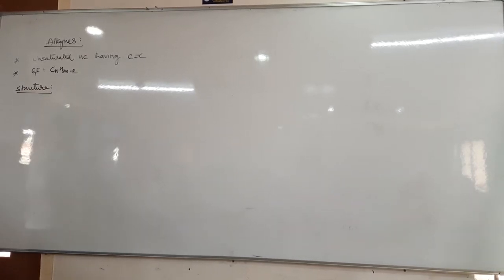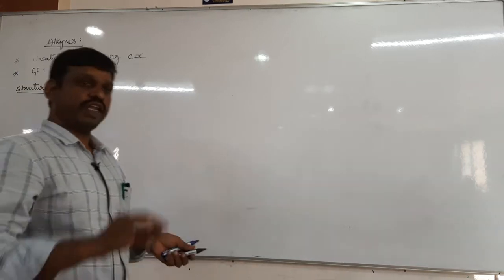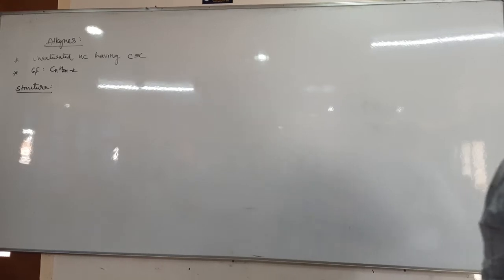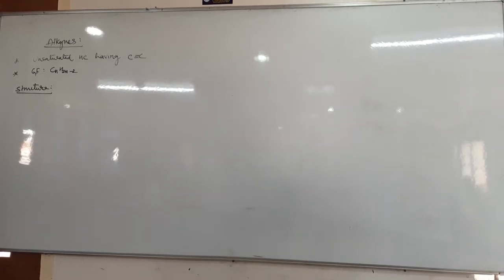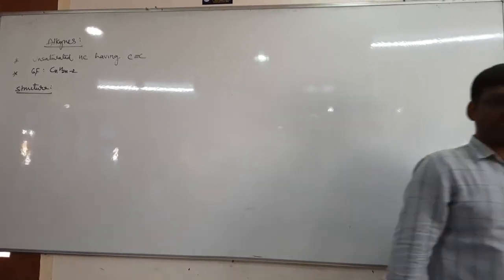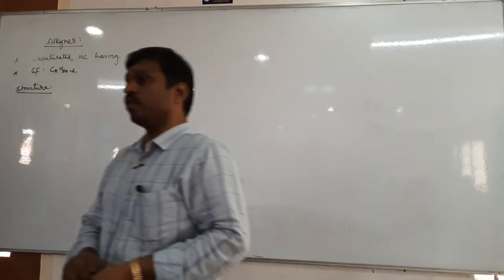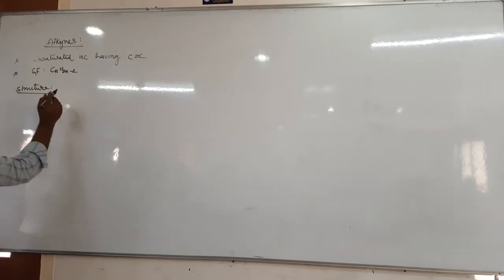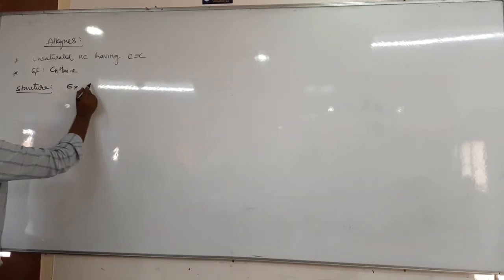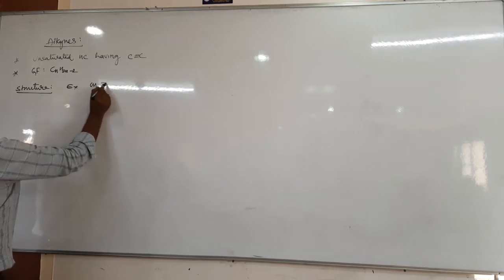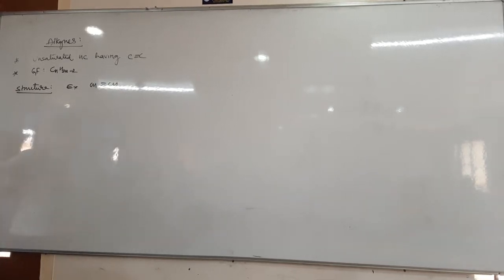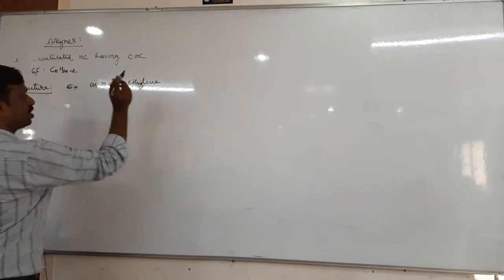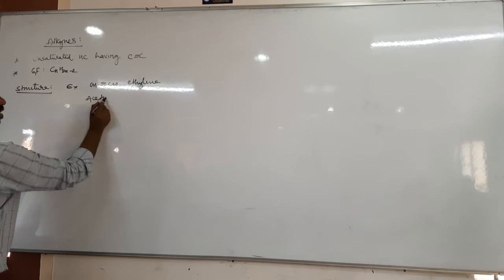Tell me, to understand the structure of any organic compound or any molecule, we first study hybridization. What is hybridization? Then what is lone pair? Then what is the geometry? So hybridization and lone pairs are important to understand structure and geometry. Let us take an example of alkyne. The simplest alkyne is ethine, and its common name is acetylene.